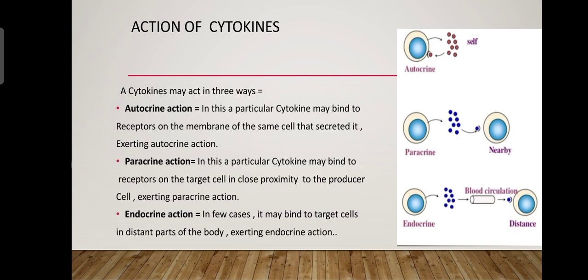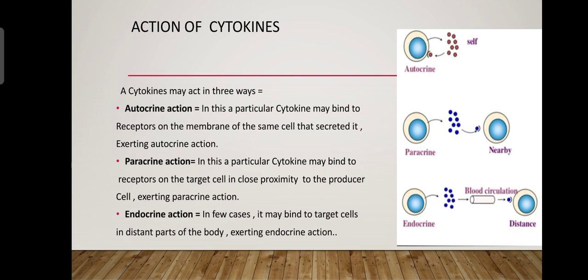In this, the cytokine may bind to a receptor present on a target cell in close proximity to the producer cell. When the cytokine binds to a receptor present in a nearby cell, it is known as paracrine action.